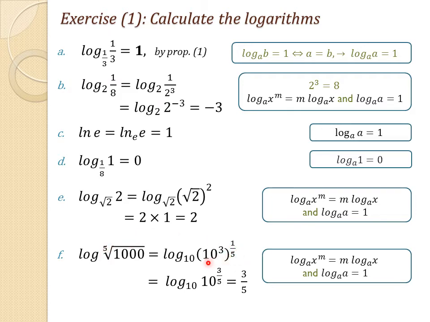So now, 3 will be multiplied by 1 over 5. It is 3 over 5. And now, by the property of power m, which will be multiplied by the logarithm, logarithm 10 base 10 is 1. And the result is just 3 over 5 multiplied by 1, and it is 3 over 5.